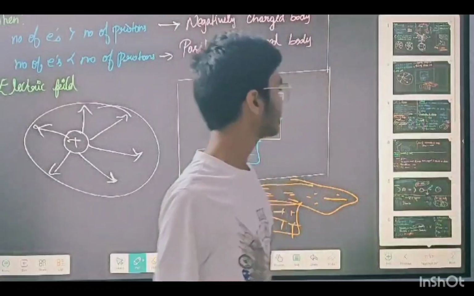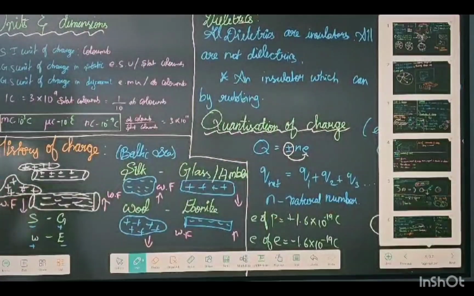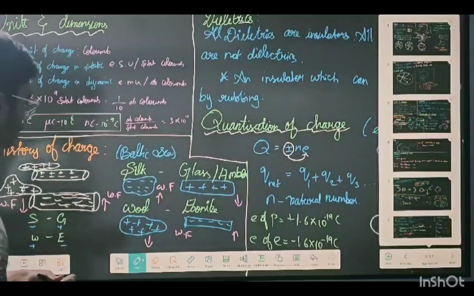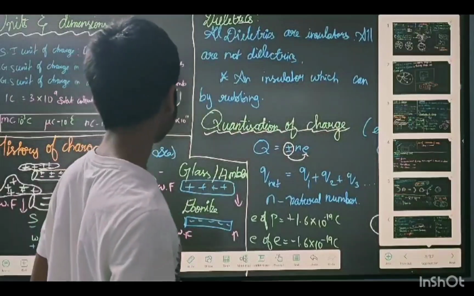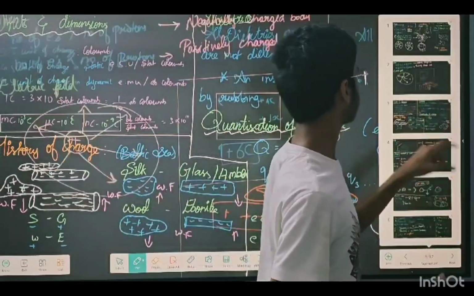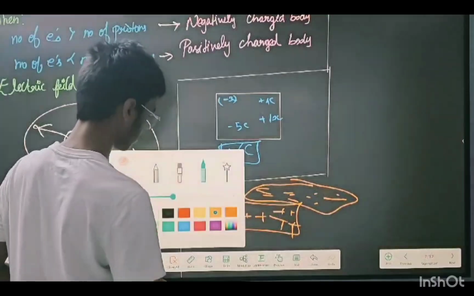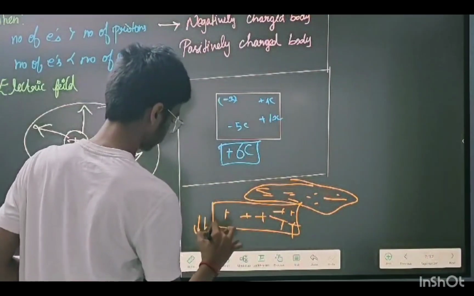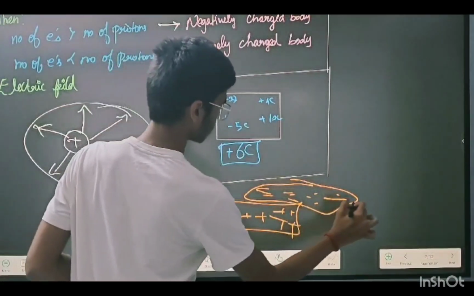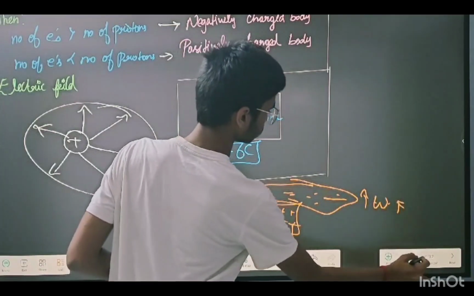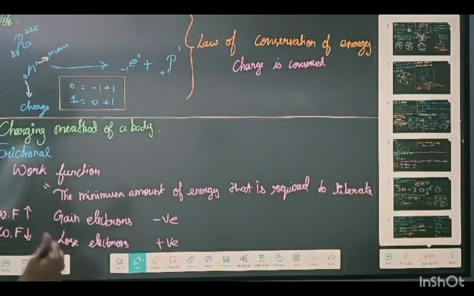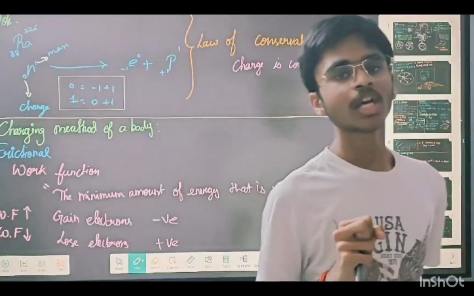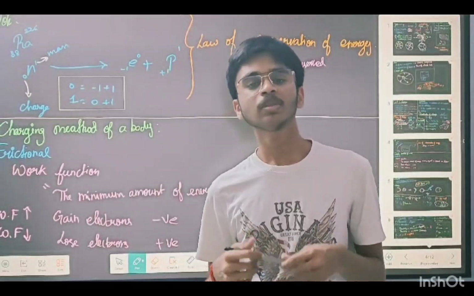It is because this ebonite is having less work function, and this is having high work function. I have written here that if work function is high, then automatically they will be negatively charged bodies. If work function is less, then they will be automatically positively charged bodies.